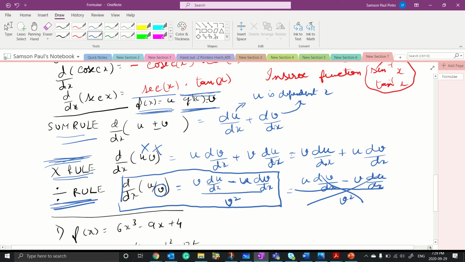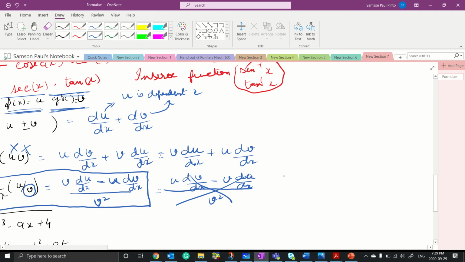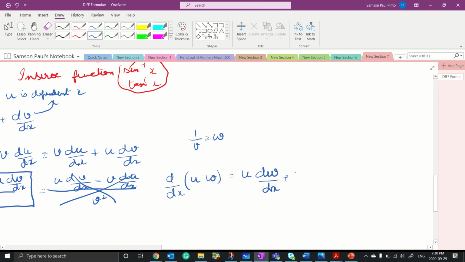My students often get confused with this, so I normally tell them to avoid the quotient rule by a special method. I tell them to express u as one function and 1 by v as some other function, let us say w, and then use the product rule: u dw by dx plus w du by dx, where w is nothing but 1 by v.